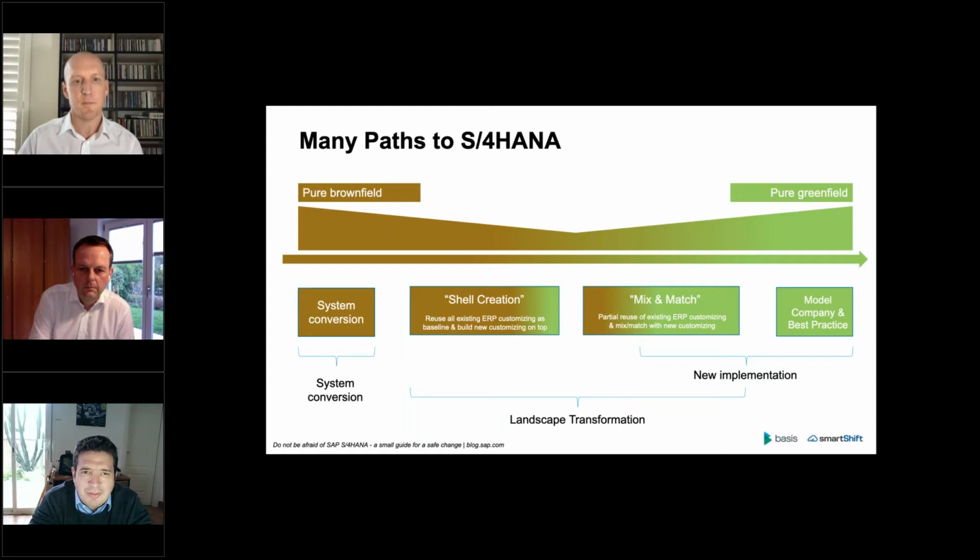Obviously, COVID has had some impact on the pace with which companies are starting their transformation journey. But I would certainly expect that will speed up, as SAP is indicating, as we move through the rest of this year and into next year.